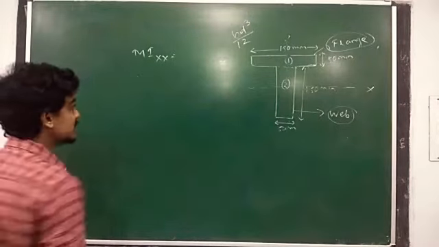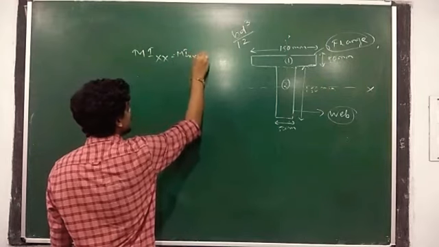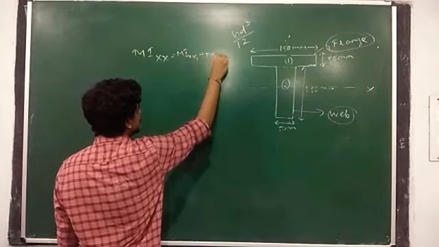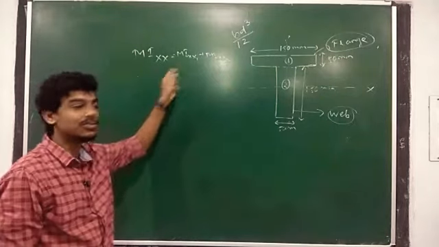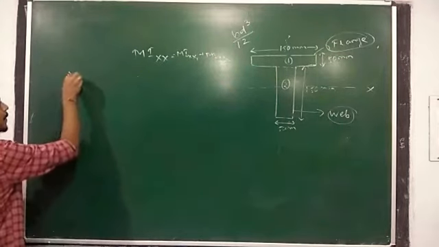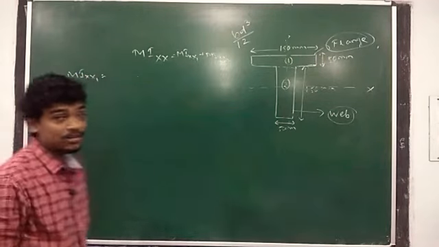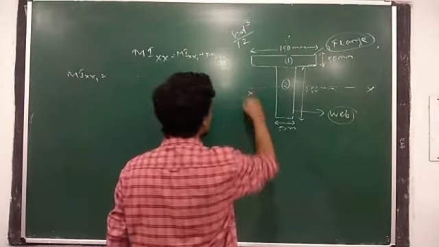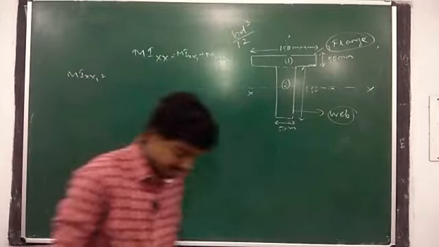In the same way, here also I will add two sections, MI XX1 and MI XX2. First I will calculate MI XX1, so write it here. I already told you, if you want to calculate about some axis, you have to use the parallel axis theorem.